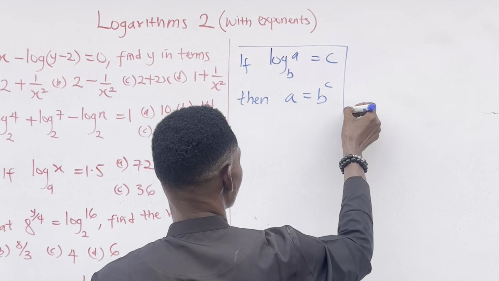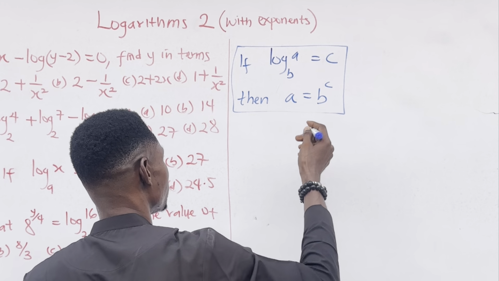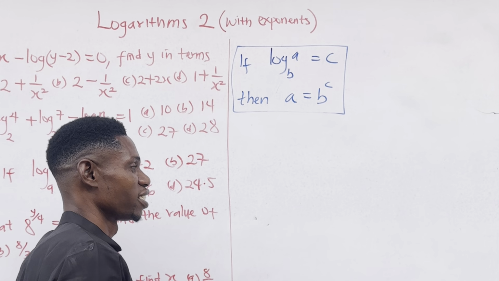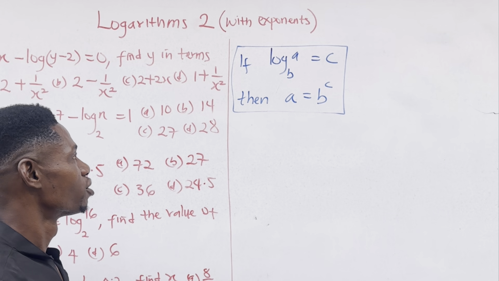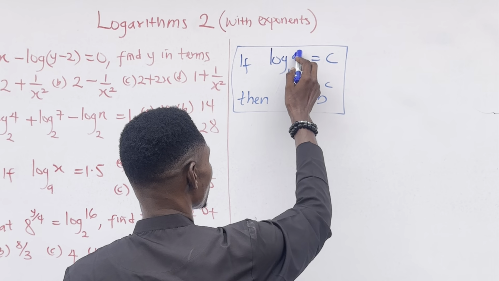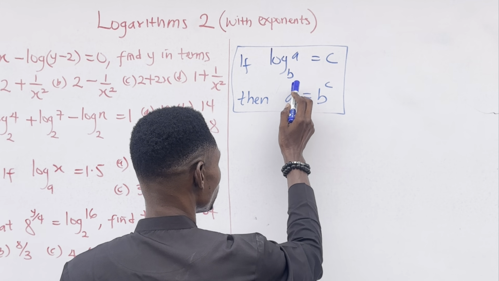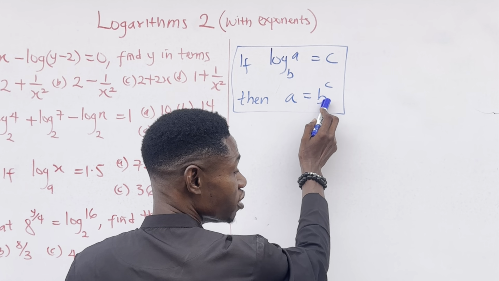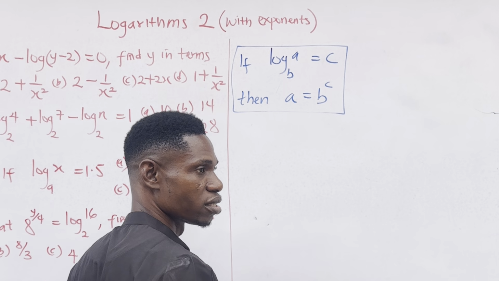So you have to bear this in mind. This is the one rule you need to understand for us to go. So if you have log a to base b equal to c, the argument of the log, a, equals the base b raised to power c.